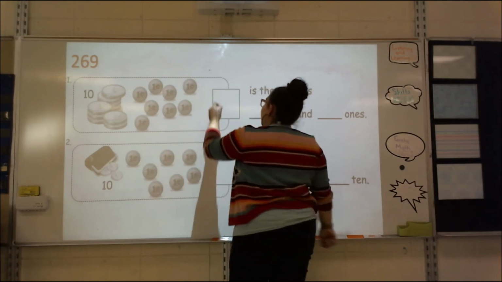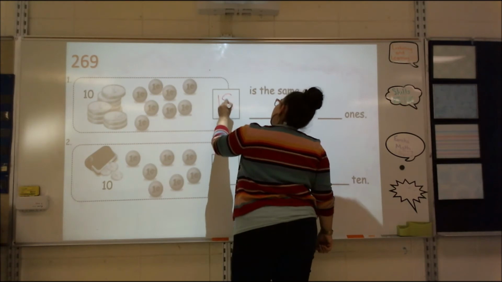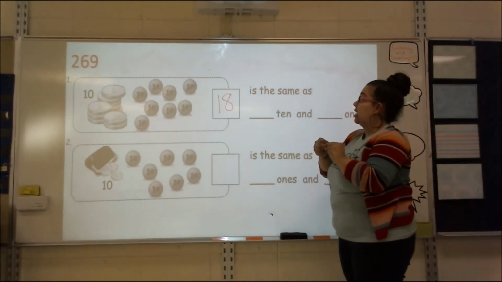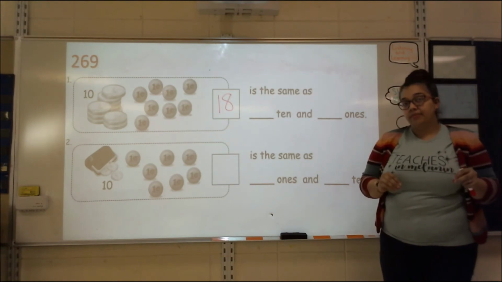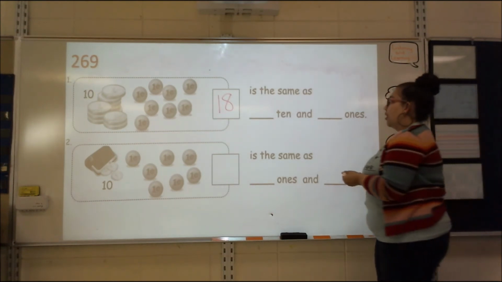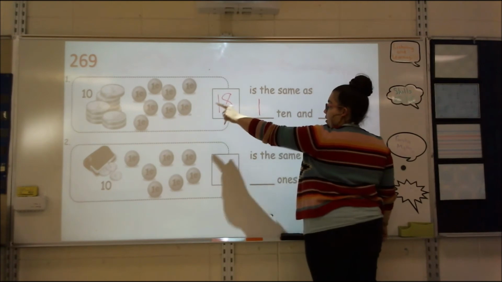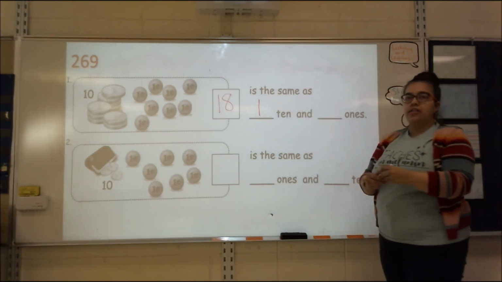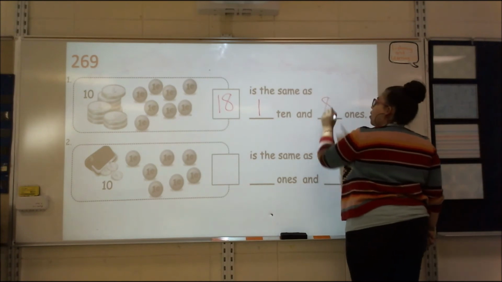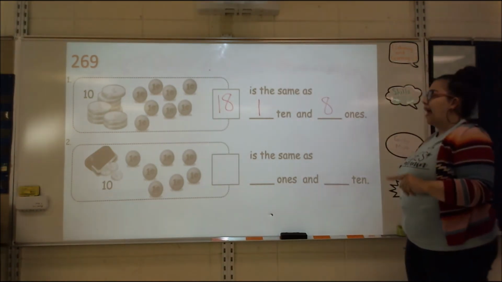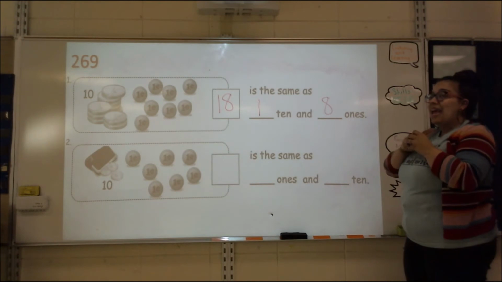I have 18 cents. So 18 is the same as how many groups of 10? One group of 10, good. We saw that. And how many loose ones? How many just loose coins rolling around? 8 ones. So 18 is the same as 1 ten and 8 ones.